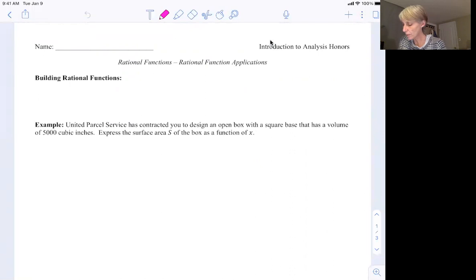Okay, so when we're building rational functions, we're always going to write the basic function. If you remember correctly, that would be your area function or your surface area or volume, whatever the case may be for the particular shape you're dealing with. Next, you want to find a way to relate your variables.